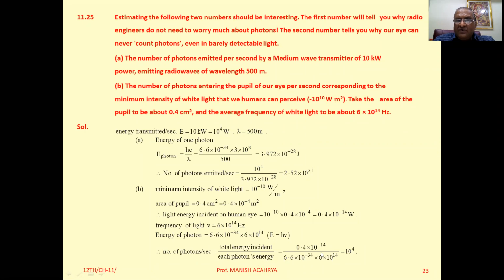So power, that is 0.4 into 10 raised to minus 14, which we calculated, upon energy of each photon, that is hf, substitute it, and we'll get the answer 10 raised to 4 per second. Clear to all of you?